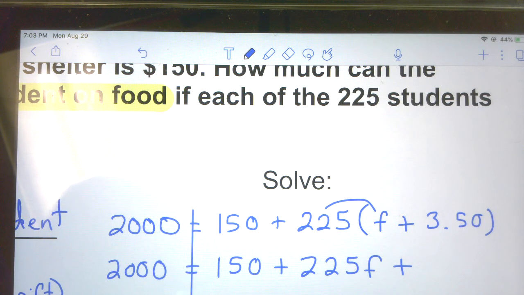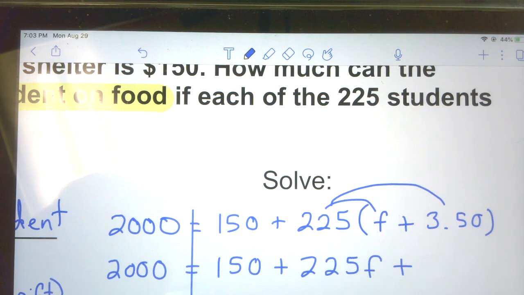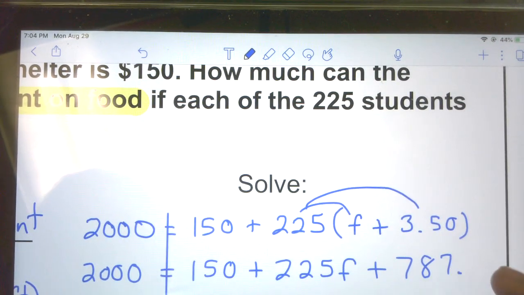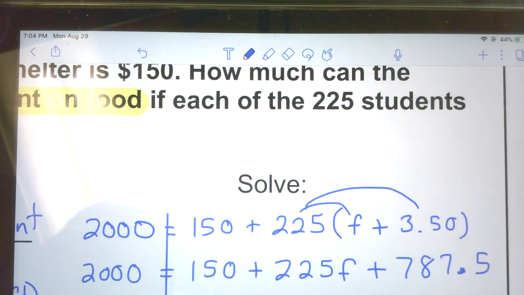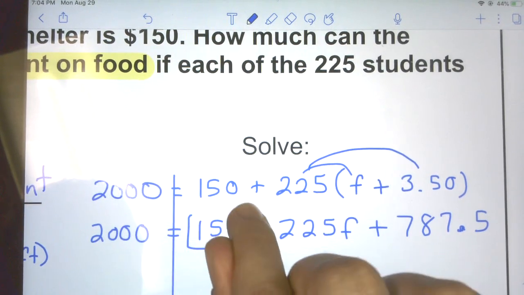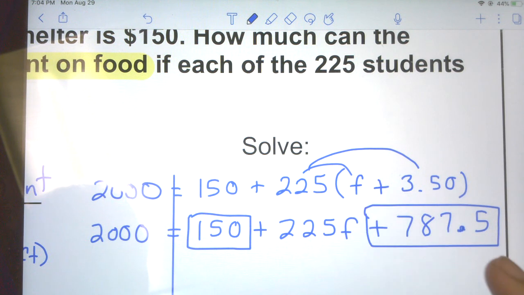225 times, this is the distribution that I'm doing, 225 times 3.50, and it looks like it gives me 787.5. Okay. Next step is always combine like terms. So the like terms that I have are 150 plus the 787.5.